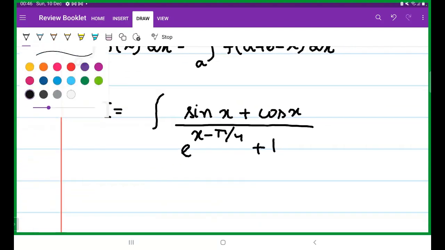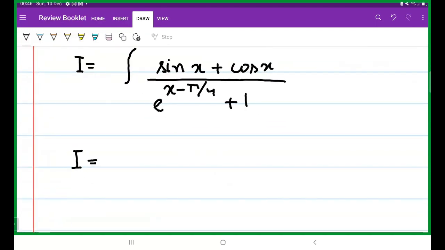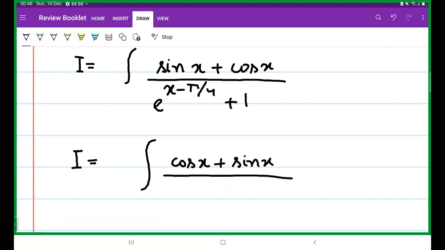Again, when we apply King's rule, it will be cos x plus sin x. It's basically the same thing, right?